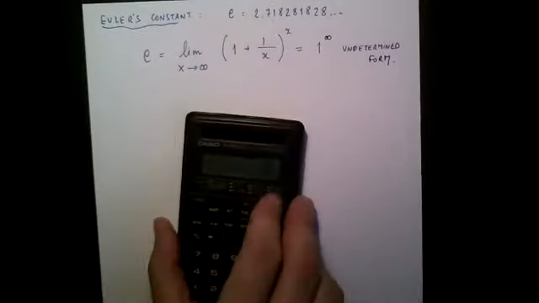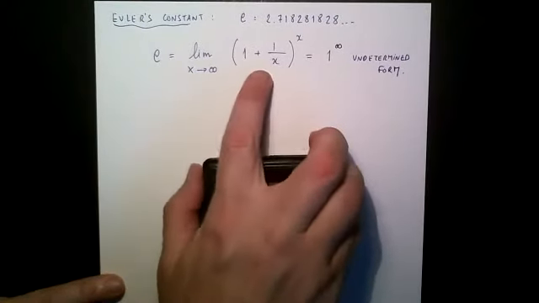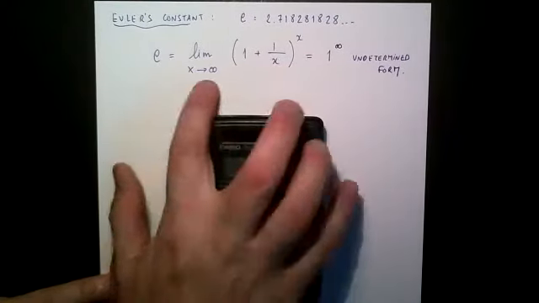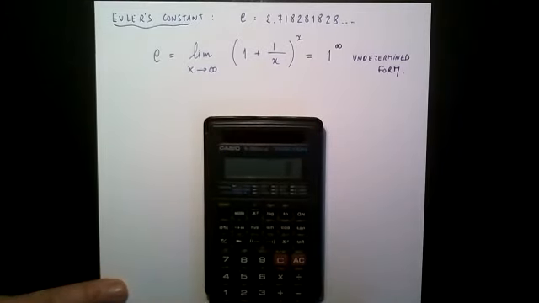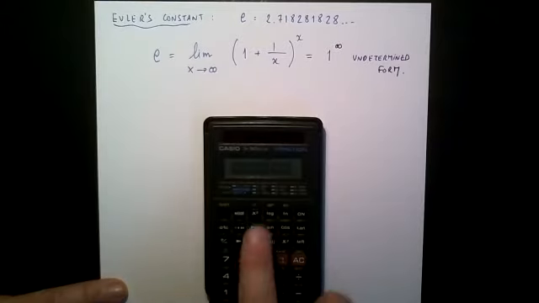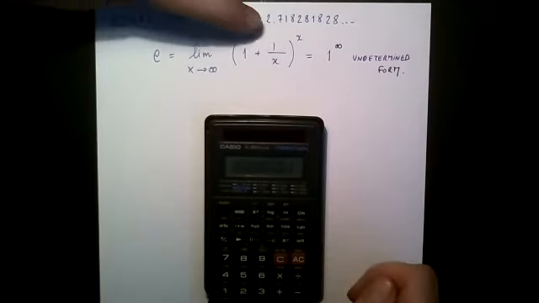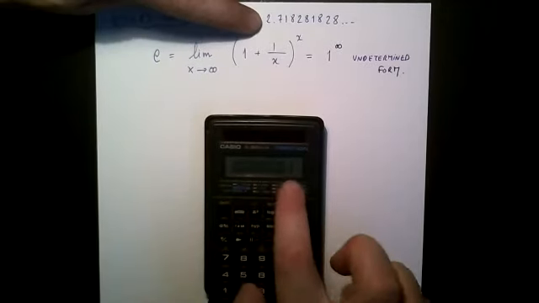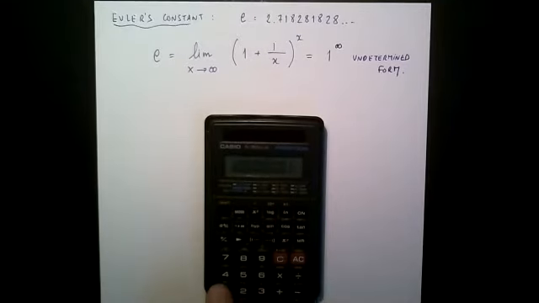And you could check. Let's plug in a very, very big value of x in this expression and see what we get. So I'm going to plug in, let's say, 1 billion. So 1 over this, plus 1. Inside the bracket, I have 1.000000001, and I'm going to put it to the power of x, which was 1 billion.